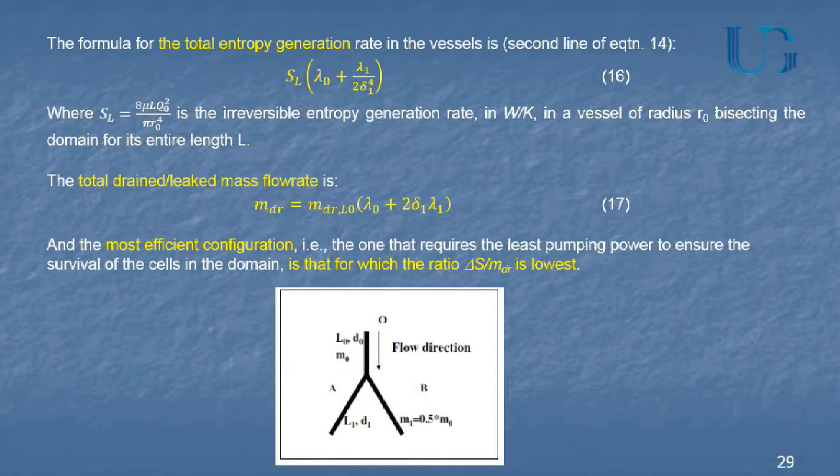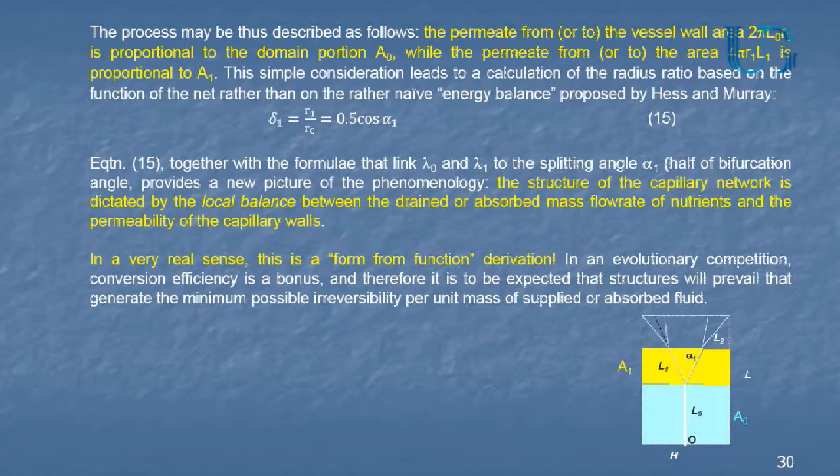Okay? Minimum irreversibility per kilogram of blood supplied. Okay? Let's see the results. Next. To do that, I have to define the area of influence. That's a weakness of the theory, actually, now. We need some more experiments to see.